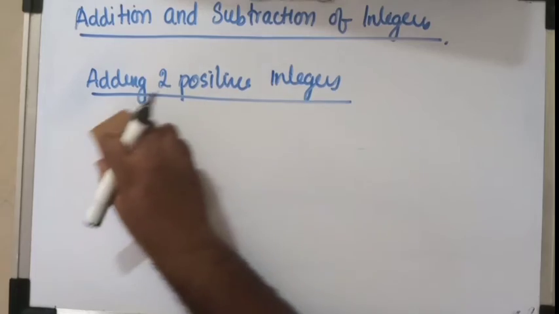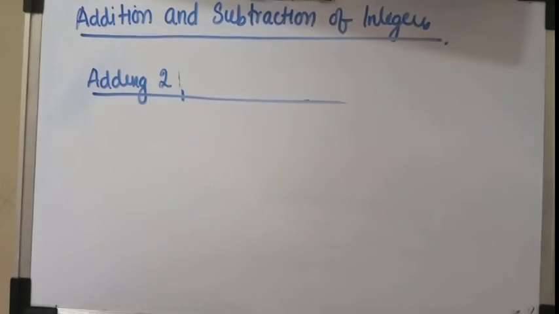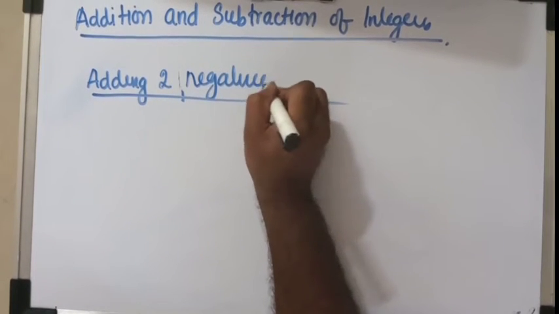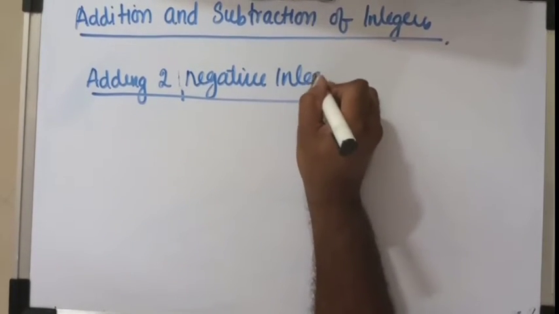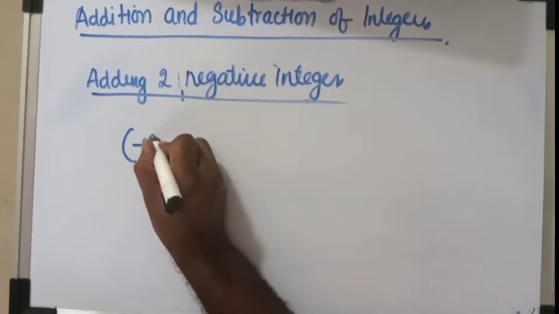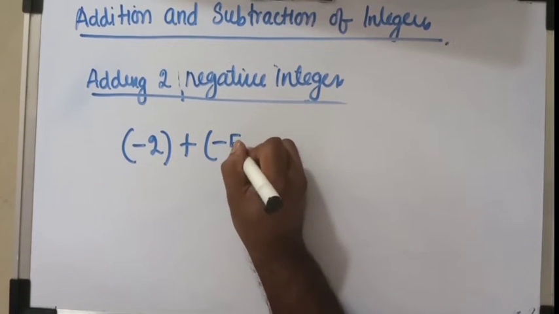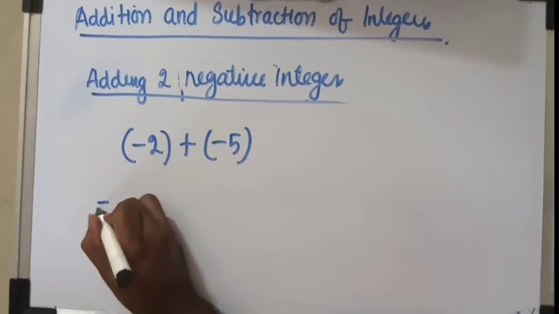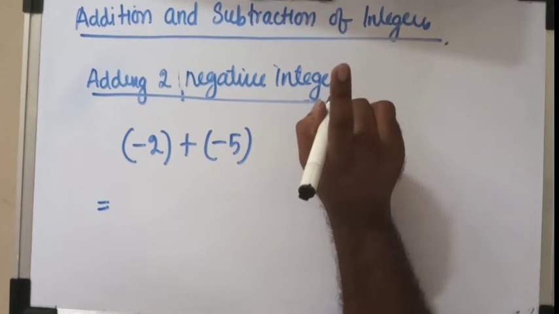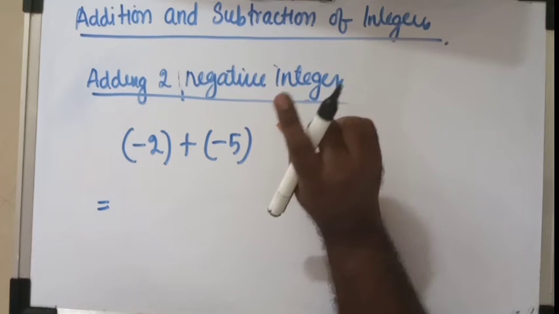Now let's see adding two negative integers. How do you add two negative integers? Say I have an integer -2 and I have another integer -5. In this case, children, the first and foremost thing that you do is you open the brackets.